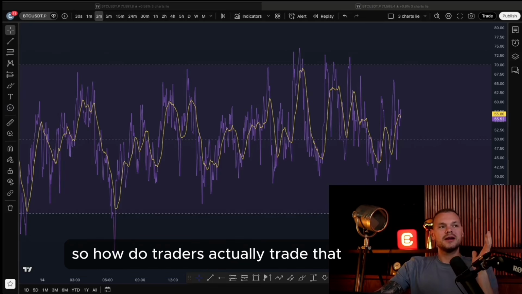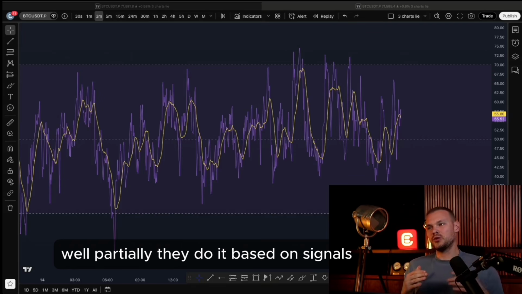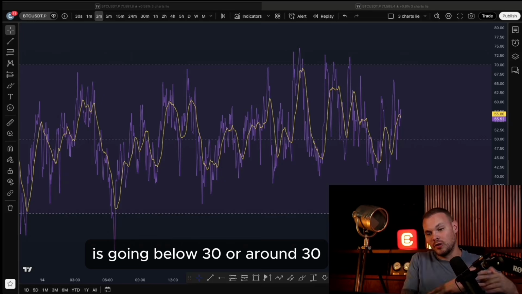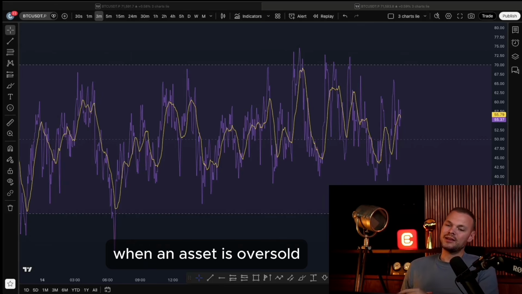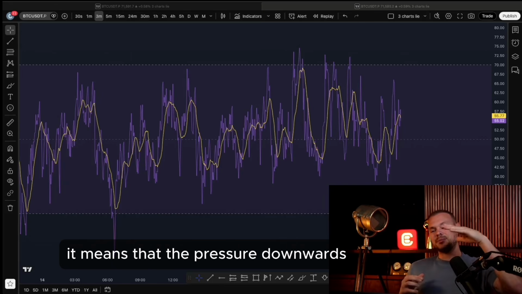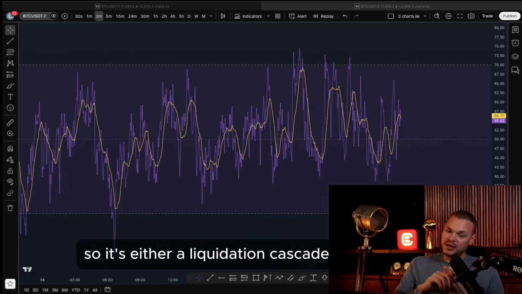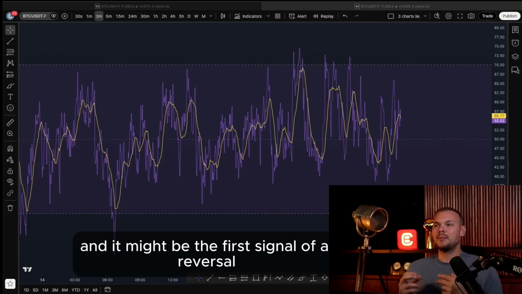So how do traders actually trade RSI? Well, partially they do it based on signals. So the first signal that the RSI may give is going below 30 or around 30, signaling that it is oversold. When an asset is oversold, it means that the pressure downwards might have been excessive. So it's either a liquidation cascade or there's something happening in the market, and it might be the first signal of a reversal.